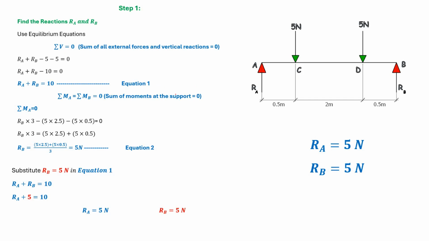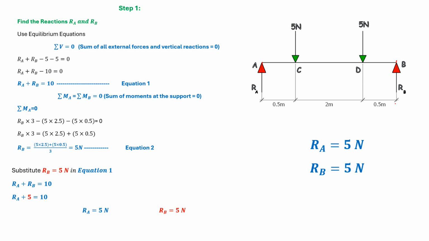Now this is equation number 1, and the other equilibrium equation is summation of moment at point A or summation of moment at point B is 0. Let's take summation of moment at A equal to 0, and you can also work taking summation of moment at B equal to 0. Nothing wrong with that.